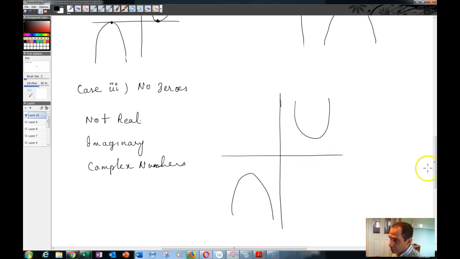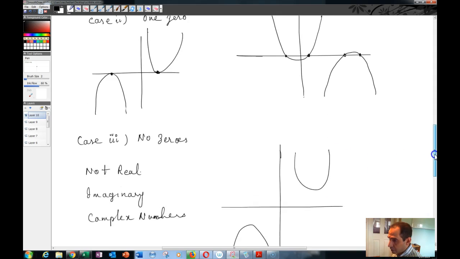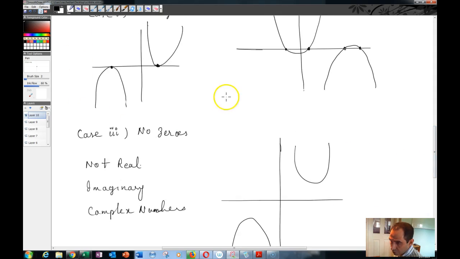This whole situation also means that a quadratic polynomial of degree 2 can have at most 2 zeros, meaning that it could be one zero or no zeros, but at most it could be two zeros.